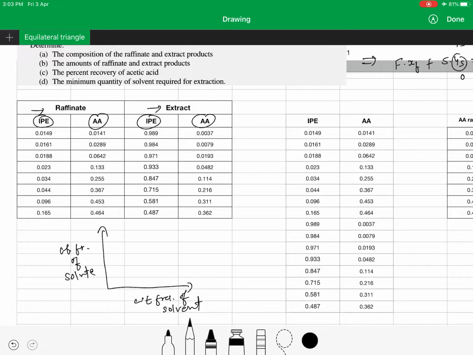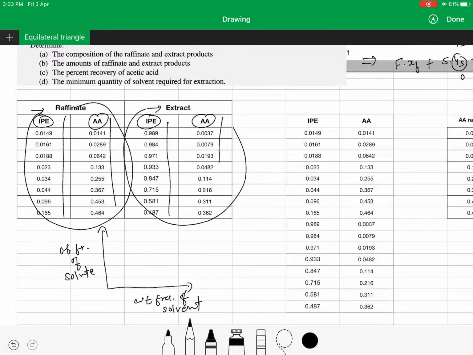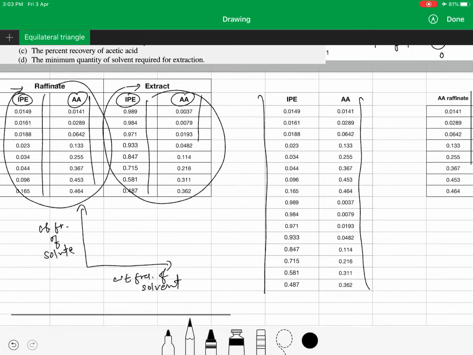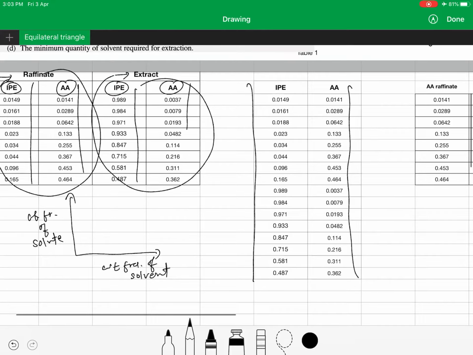We have all the data of the raffinate phase and the extract phase, so I have taken all this data in a single column, which makes it easy to plot this particular graph. I have taken IPA and A, and I'll show you how to plot the graph.